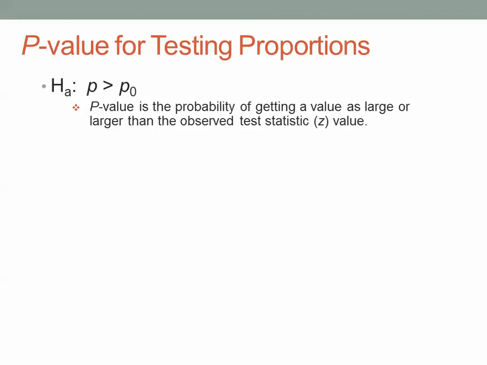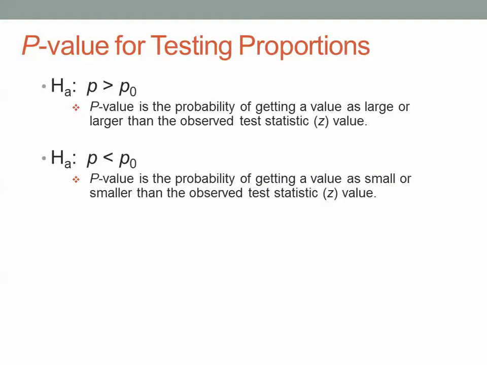So again, it's that whole concept of how unlikely is this. If it's what we call a right-sided hypothesis test, P greater than P sub 0, then we want to know what's the probability of getting a value as large or larger than what we got. In other words, how far out in that right tail is it?